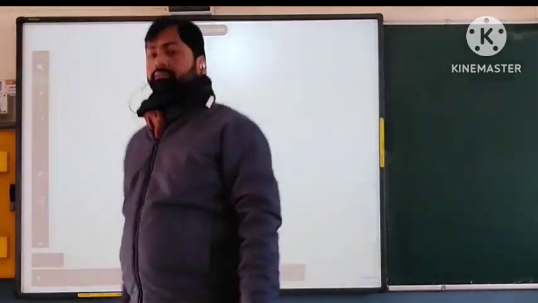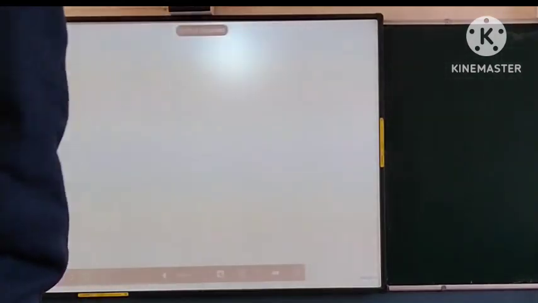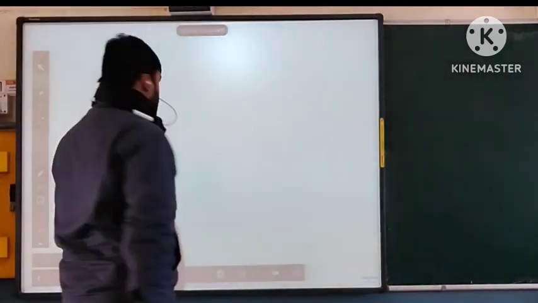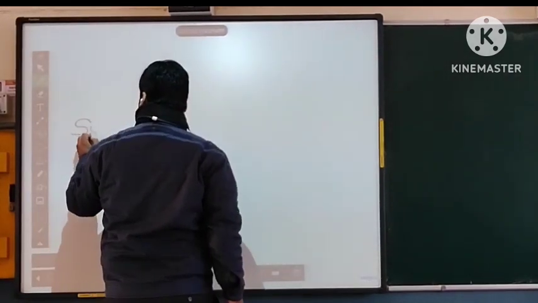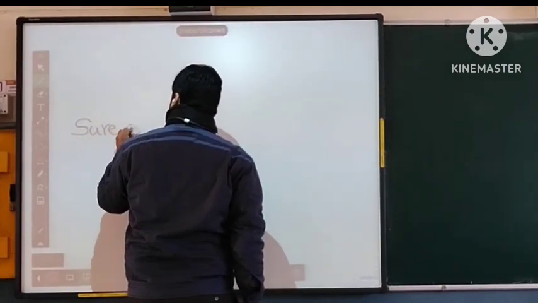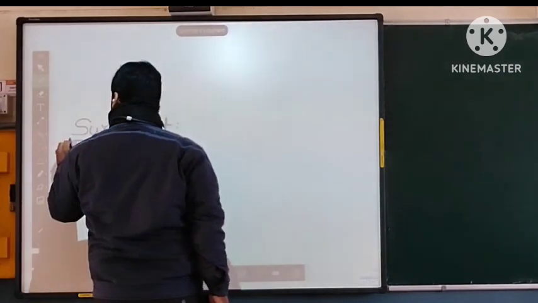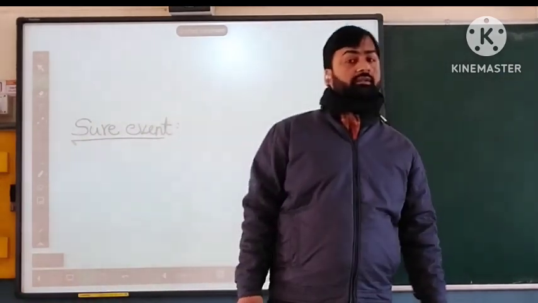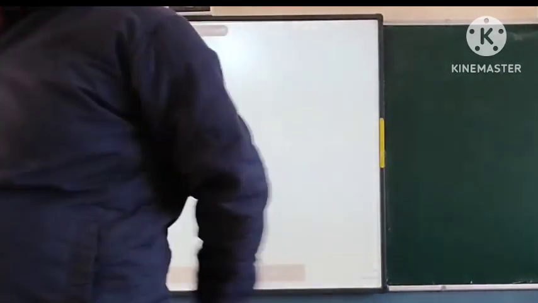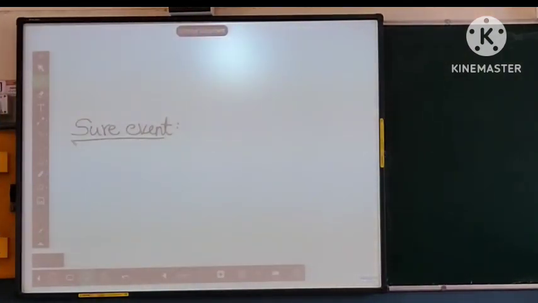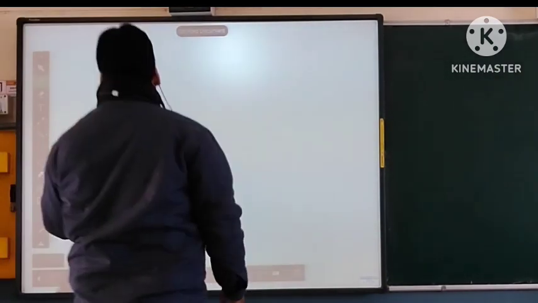It is mentioned here: sure event. What do we call a sure event? It is written here: an event which always happens is a sure event or a certain event.